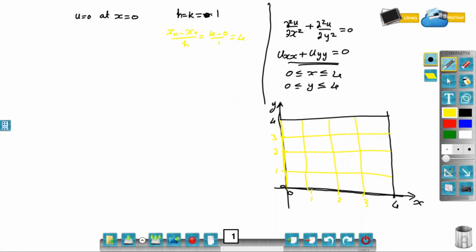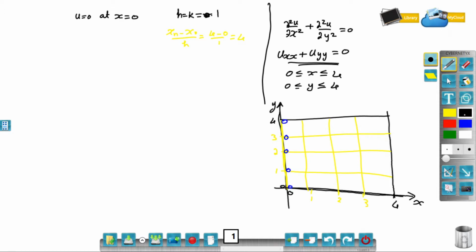So at x = 0, u = 0. This is the u value at this point. This is 0, this is 0, this is 0, and this is 0. This is one boundary condition that is given.